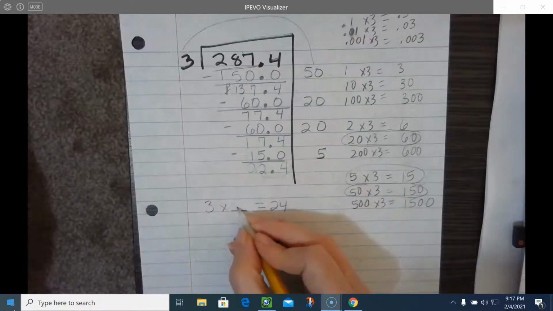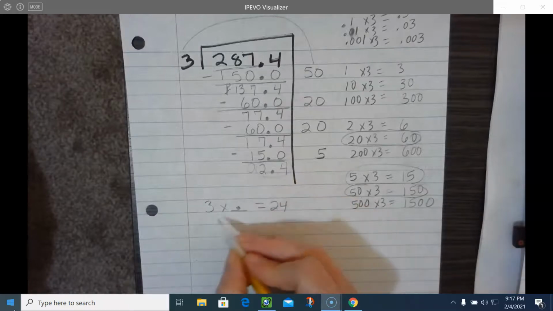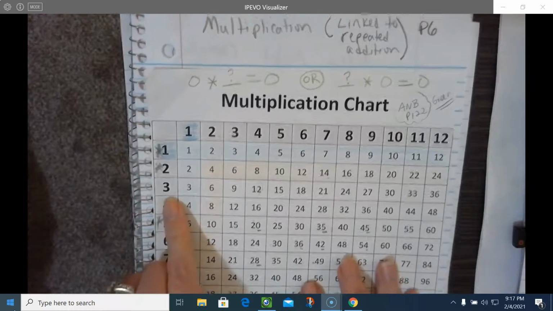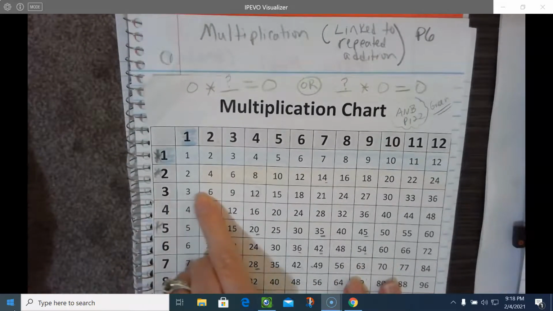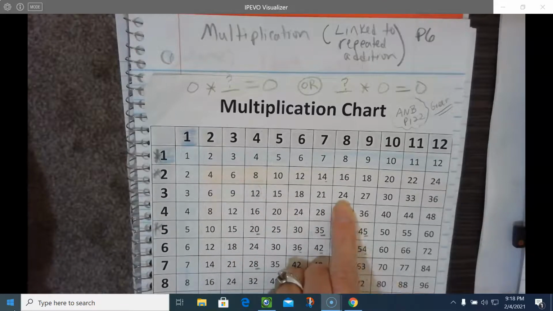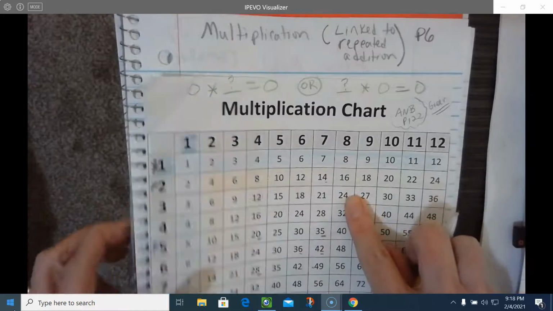I do know that there'll be a decimal there in the tenths, right? There's one decimal spot that's marked. So what number times 3 gets me to 24? That's what I'm going to look at. So 3 times what number gets me to 24? I'm going to follow it across, and then I'm going to follow it up. So 3 times 8 is 24.